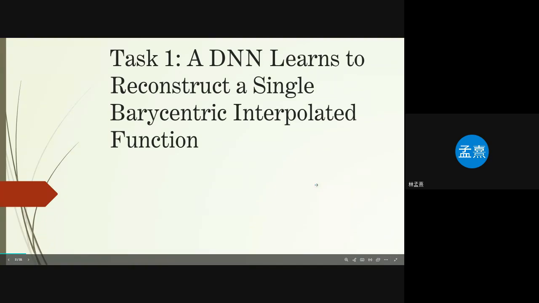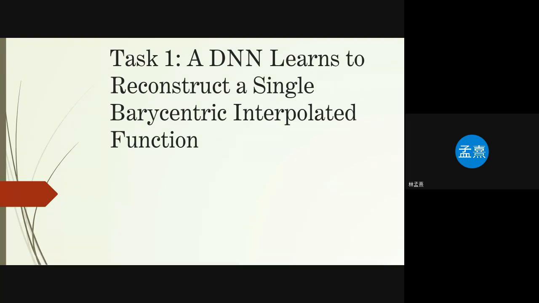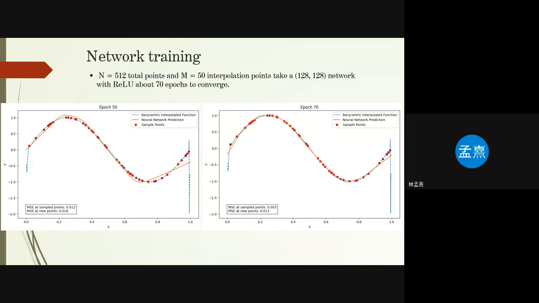So I'm responsible for task 1. And our original function is the same as the document. And our network is 128 by 128, a network with ReLU activation.